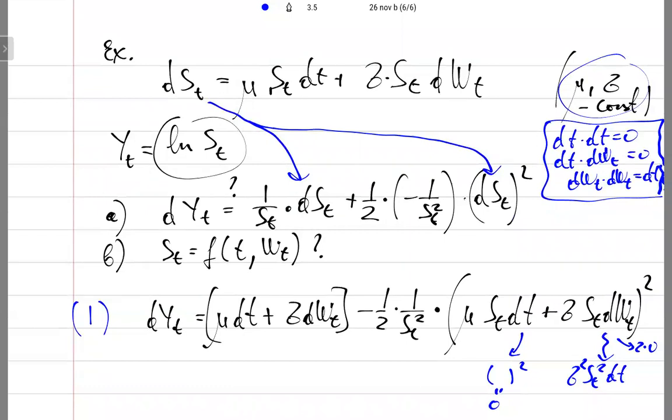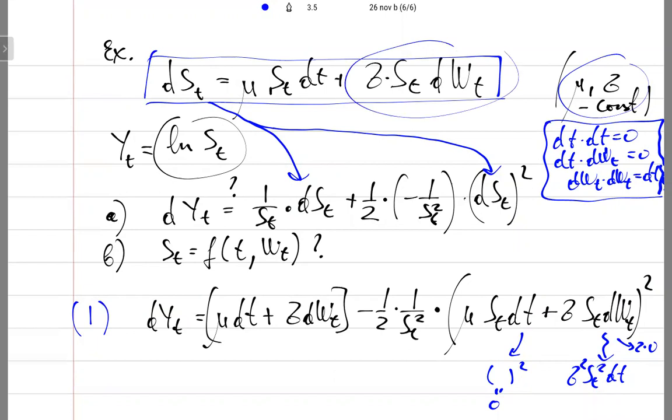If you like intuition behind it, imagine a small time difference, a small time lag, delta t. Without this term, the price of a share would be completely predictable. It would just exponentially grow with some rate mu. So mu is the rate of deterministic growth.